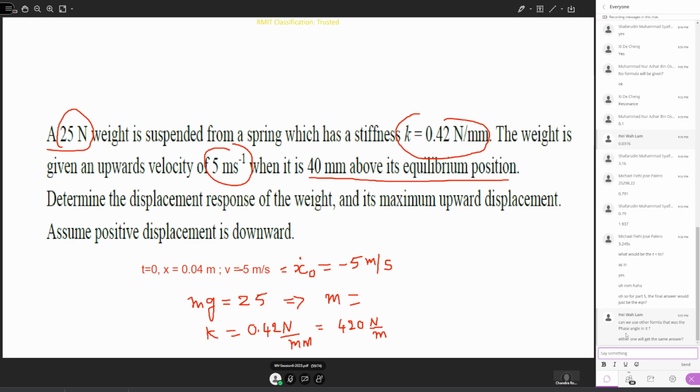So the mass will be 25 over 9.81, which gives 2.55 kilograms. All right, so you can get all this data from the given description.